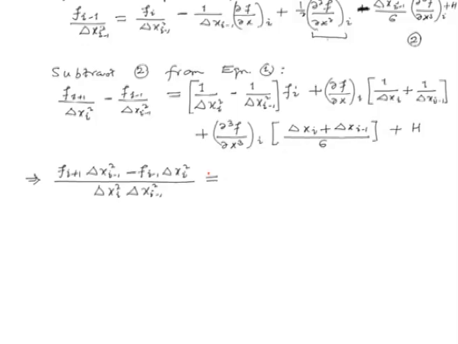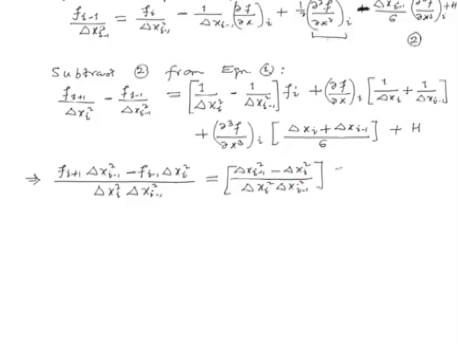On the right hand side similarly we will get delta x_{i-1} squared minus delta x_i squared divided by delta x_i squared into delta x_{i-1} squared.